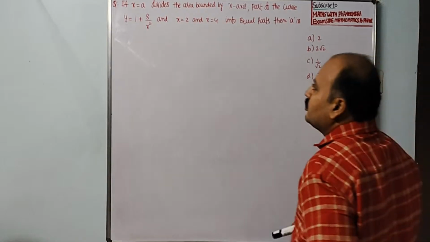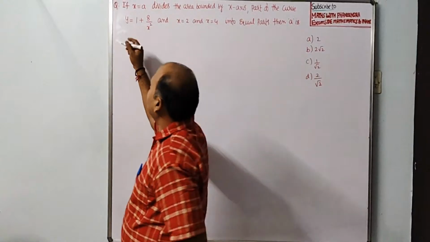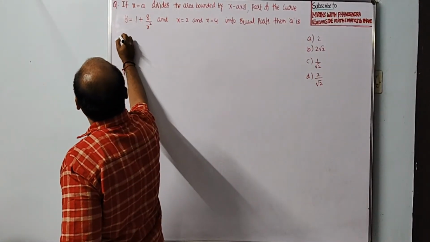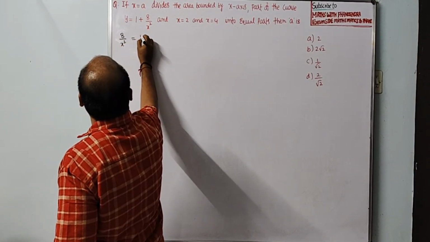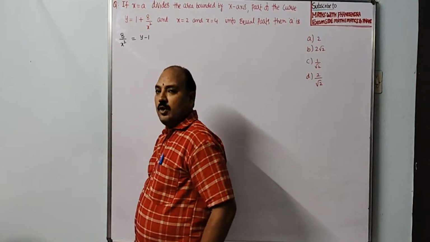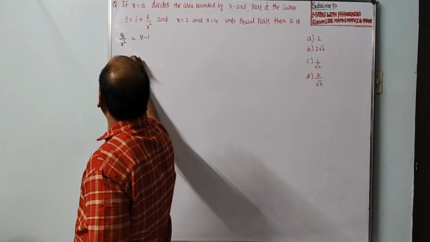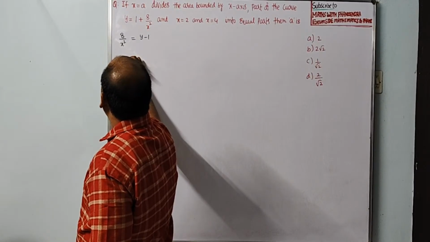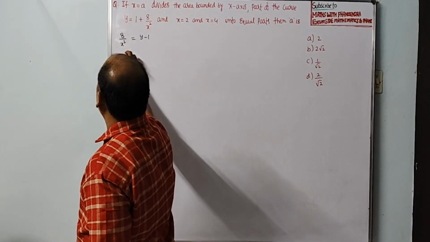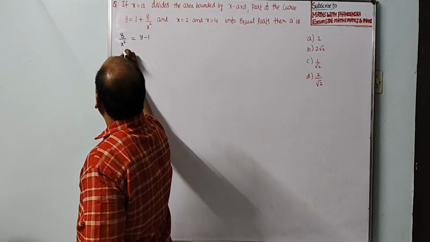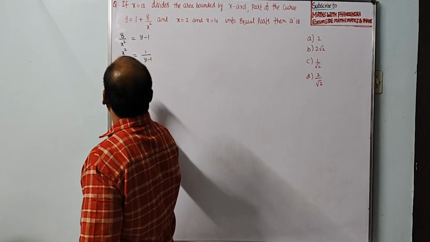See how the figure is going to look. Roughly, this figure: 8 by x square equal to y minus 1. Okay? After that, reciprocal of x square means x square by 8 equal to 1 by y minus 1.